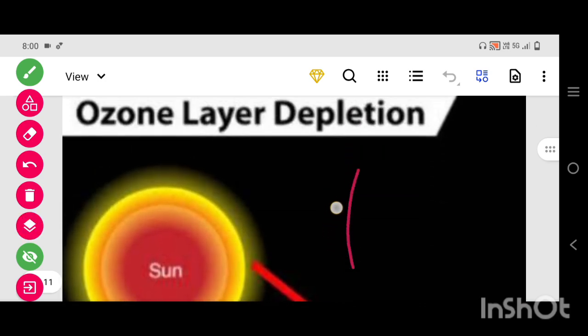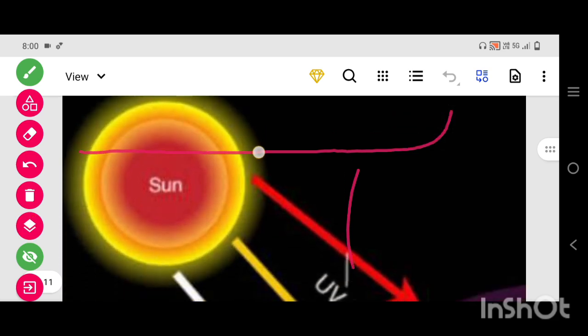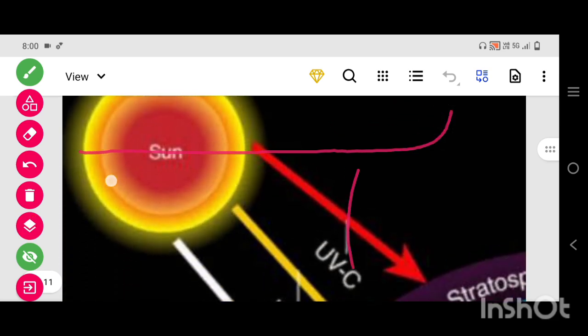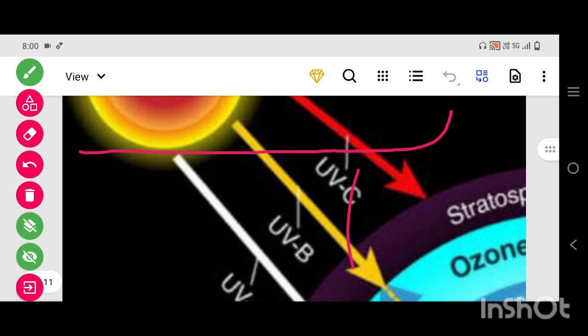How is this ozone depleting? This ozone is depleting day by day, and this is occurring due to the harmful UV radiation coming out of the sun. This is sun. You can see here the harmful UV radiations are coming directly towards the earth. So what acts as a filter?